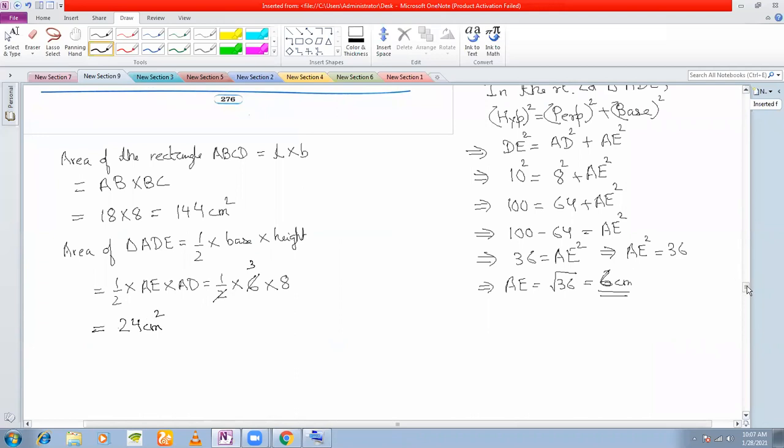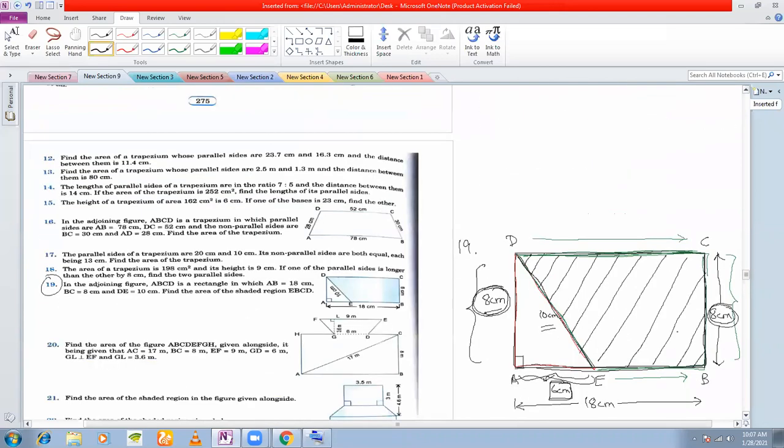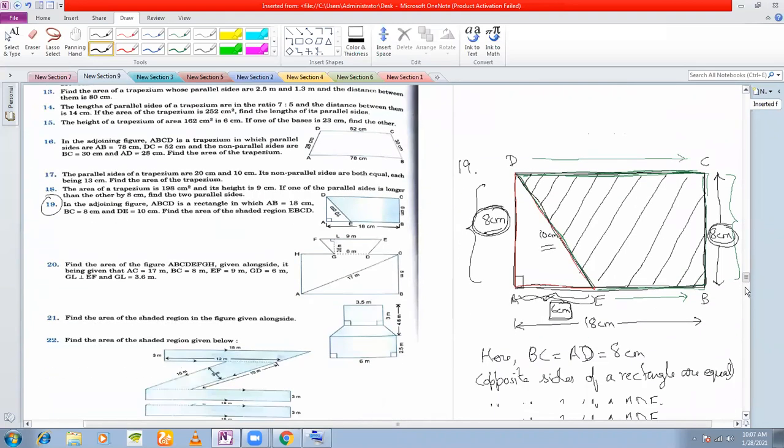So what is the area of this shaded part? The area of the shaded part is the area of the rectangle minus the area of the triangle.